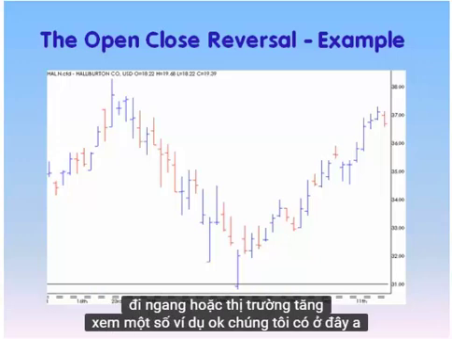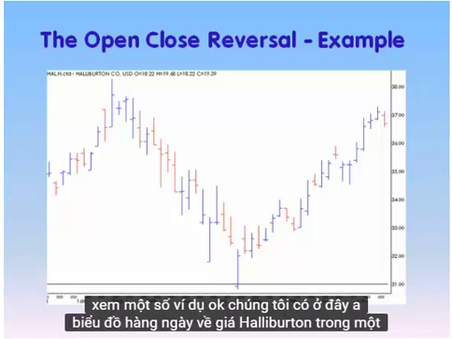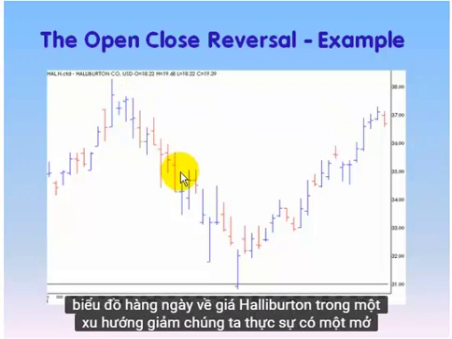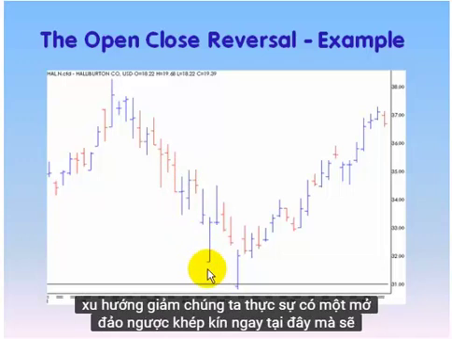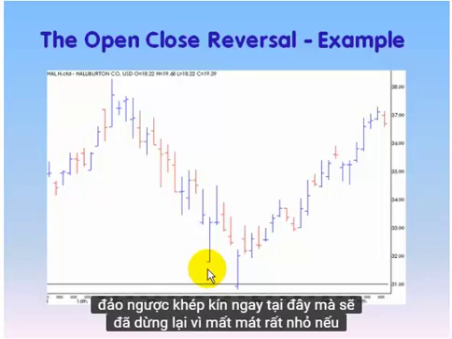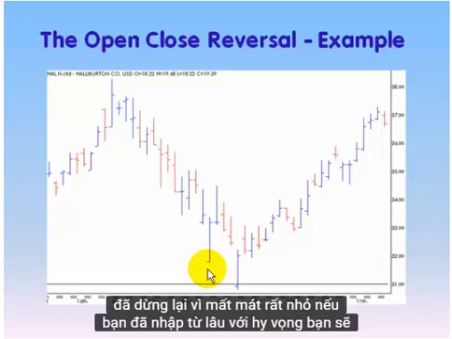Let's see some examples. Okay, we have here a daily chart of Halliburton. Price is in a downtrend. We actually have an open close reversal right here, which would have stopped out for a very small loss if you entered long.